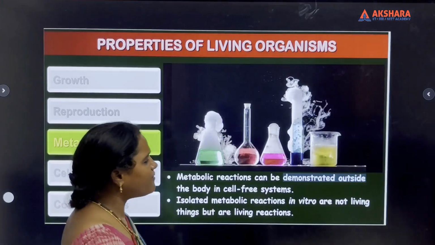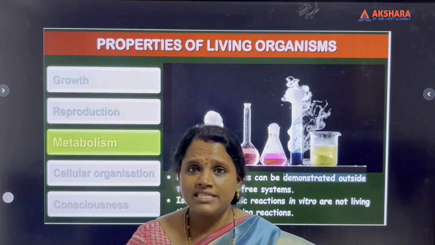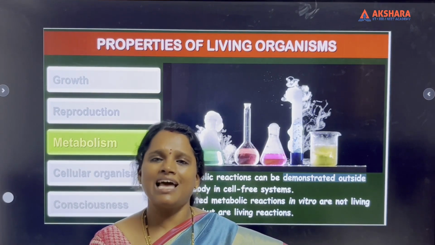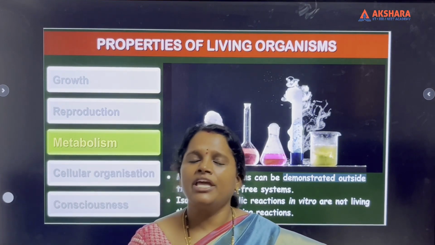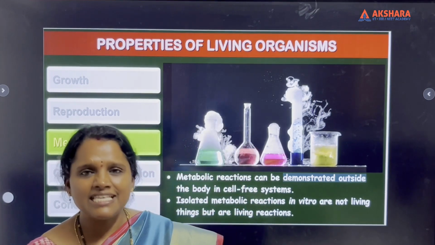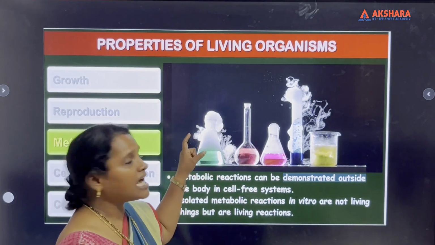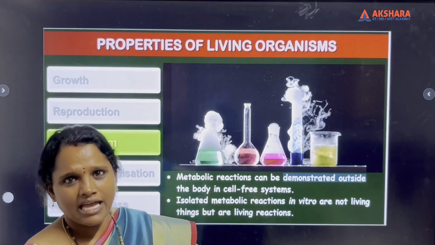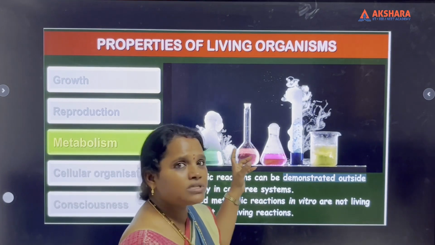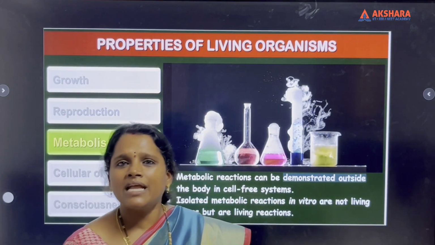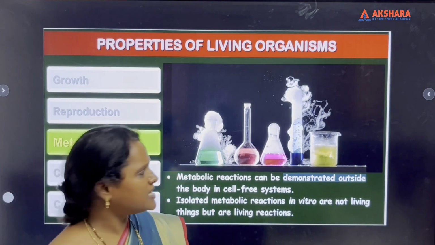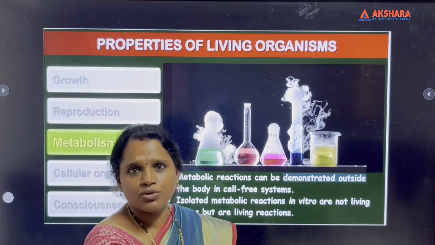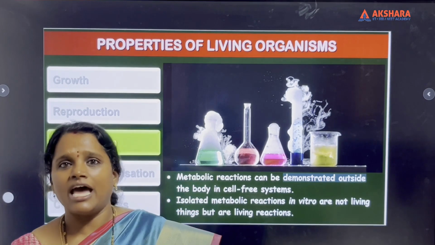You might have a doubt: why can't we see these metabolic reactions in vitro, like in laboratory conditions? In the lab you can see such reactions by converting starch into glucose, which is a catabolic reaction, and glucose is further converted to carbon dioxide and other substances, which is also catabolic. You convert sucrose to fructose, which is an anabolic reaction.